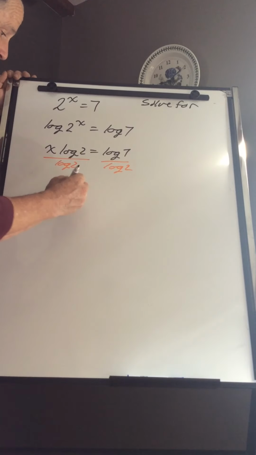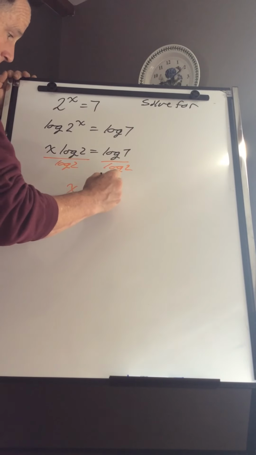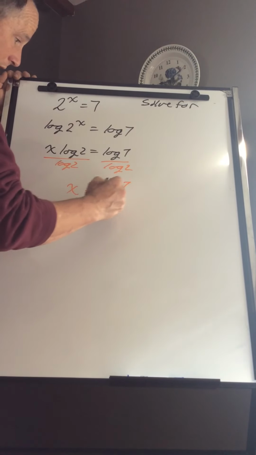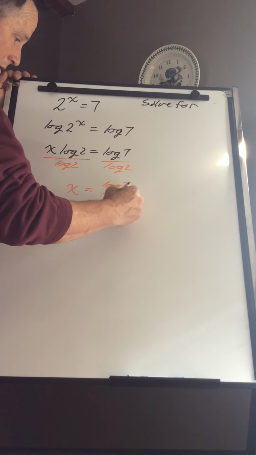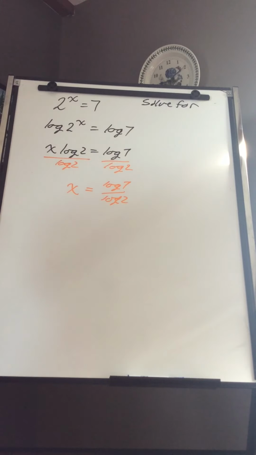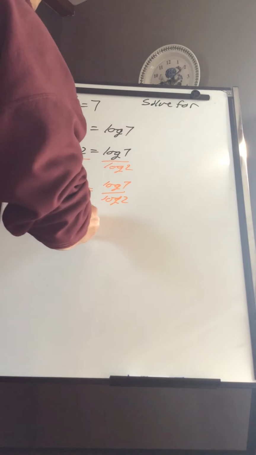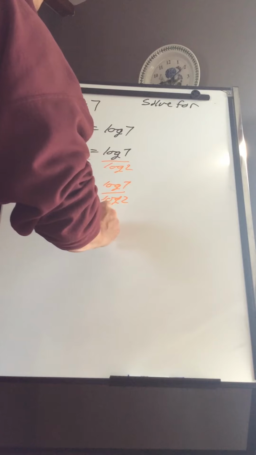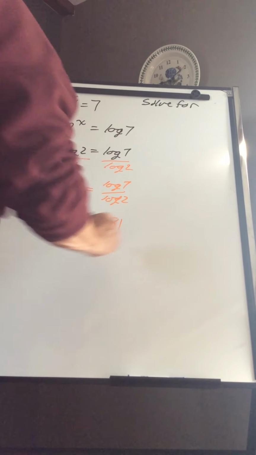So x equals log 7 divided by log 2. Now, I can't apply that other law that we were looking at, so I plug that in the calculator, and I get approximately 2.81. So x is approximately 2.81.